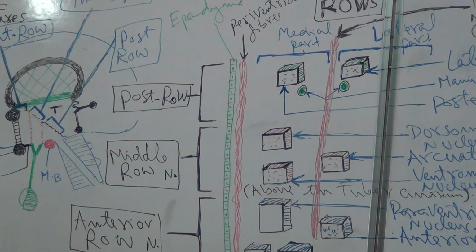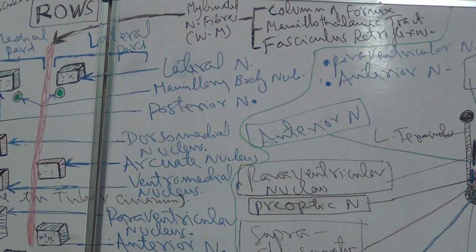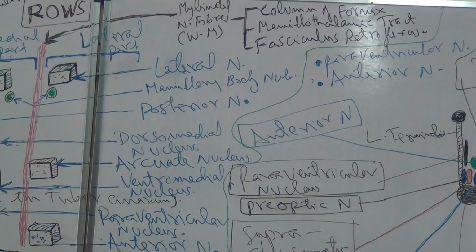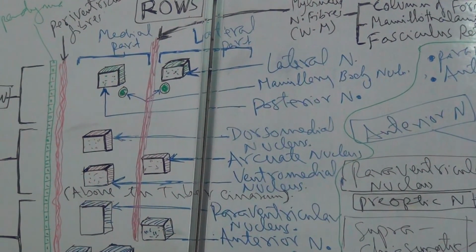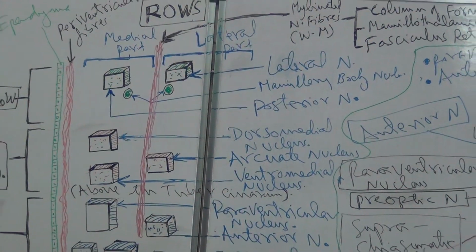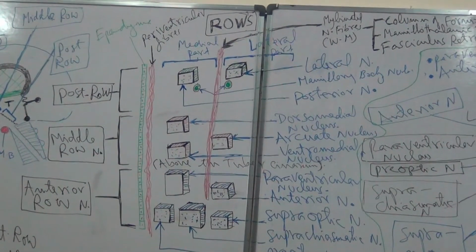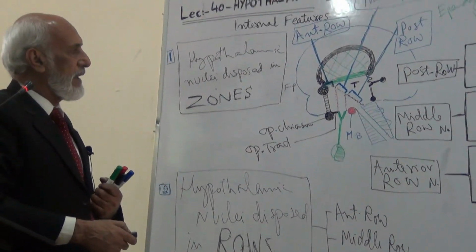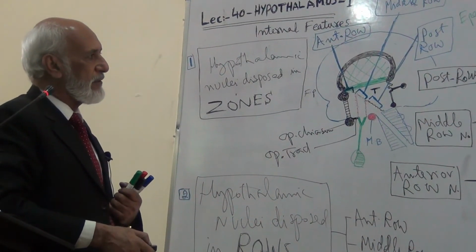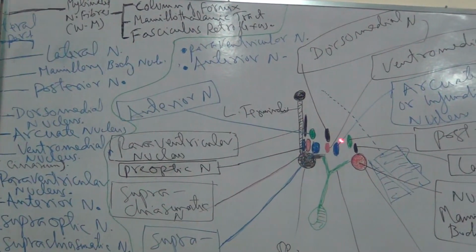So these were the nuclei of the hypothalamus. Number one, these were divided into zones, lateral zone and medial zone. In the lateral zone, there is a center called the satiety center. Then the medial zone is further divided into the anterior region, middle region, and posterior region, and there are different nuclei in these three regions.